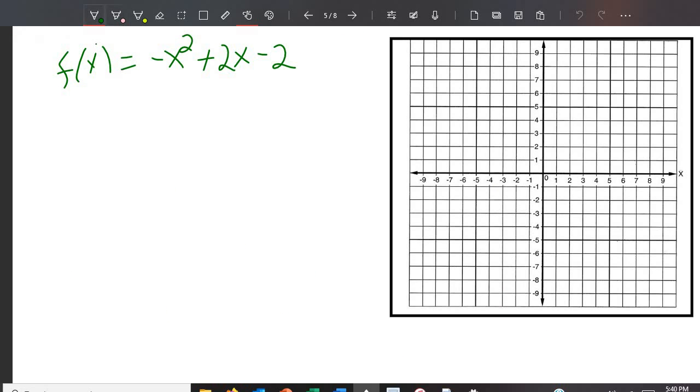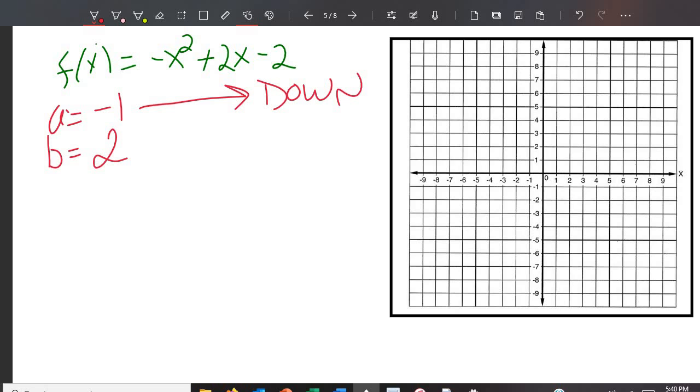Alright, here's some more. Let's pick out the A and the B. A in this one is negative 1. B is positive 2. Because that's a negative, it's going to go down. Now, I don't know anything else, but at least I know it's going to go down.